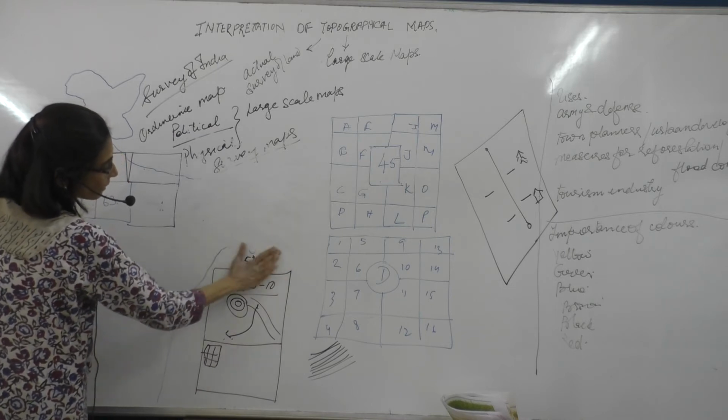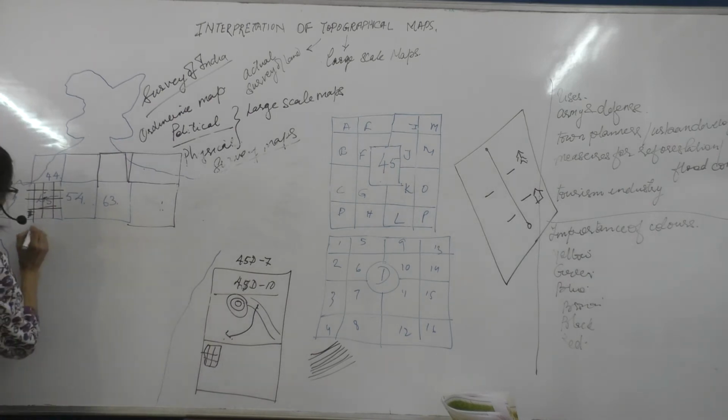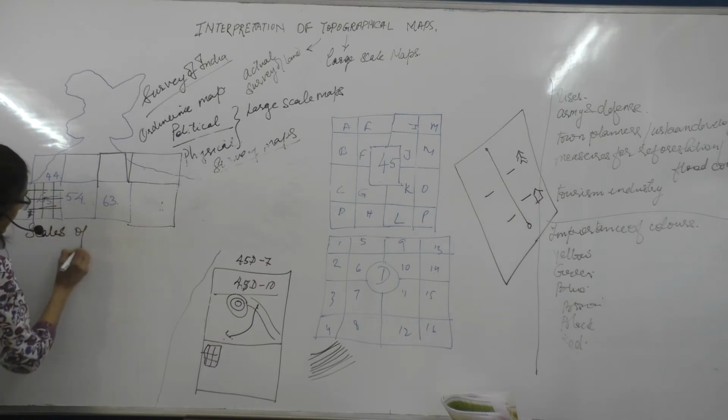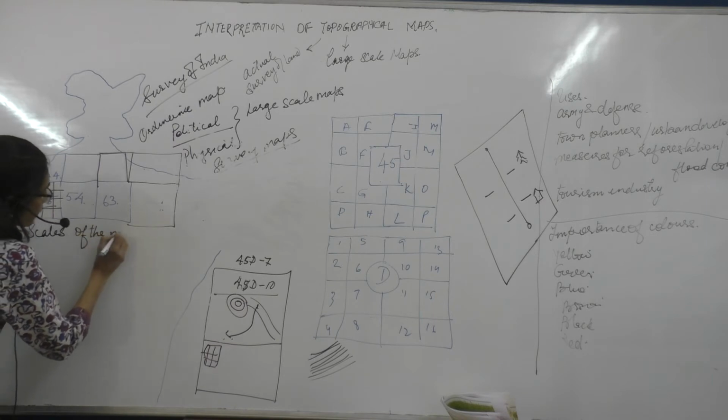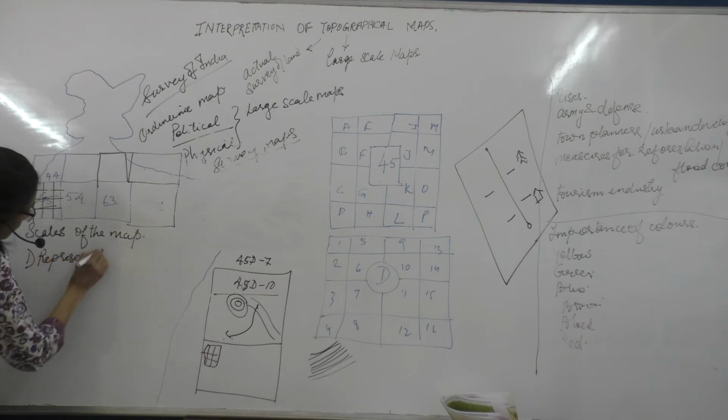We have already said the representative fraction. We are first going to understand the scales of the map. So the first one is representative fraction.